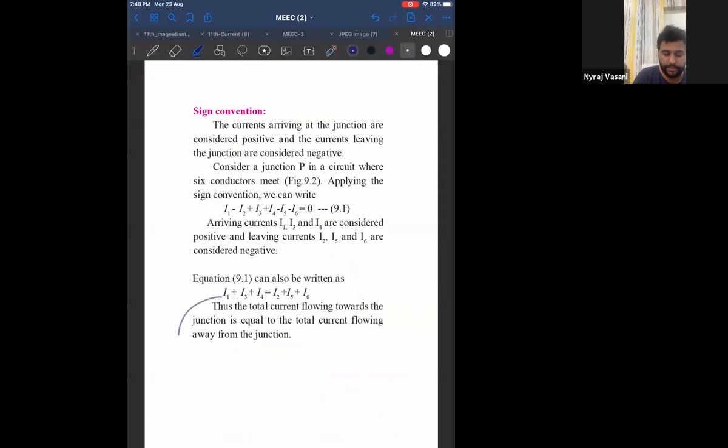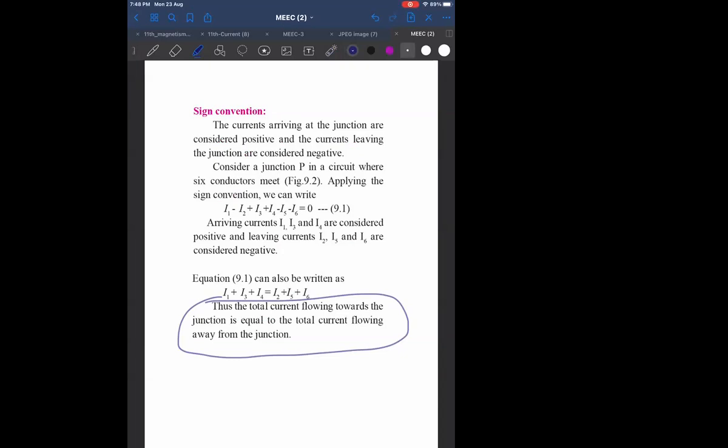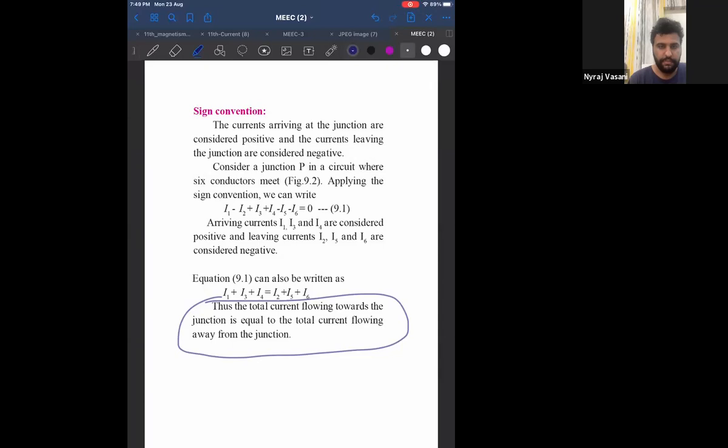Write down the alternate statement like this. Write down. Done, all of you?